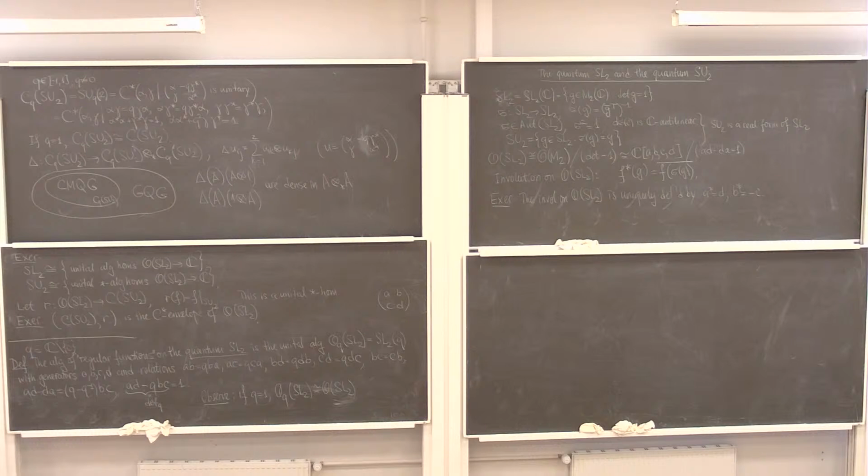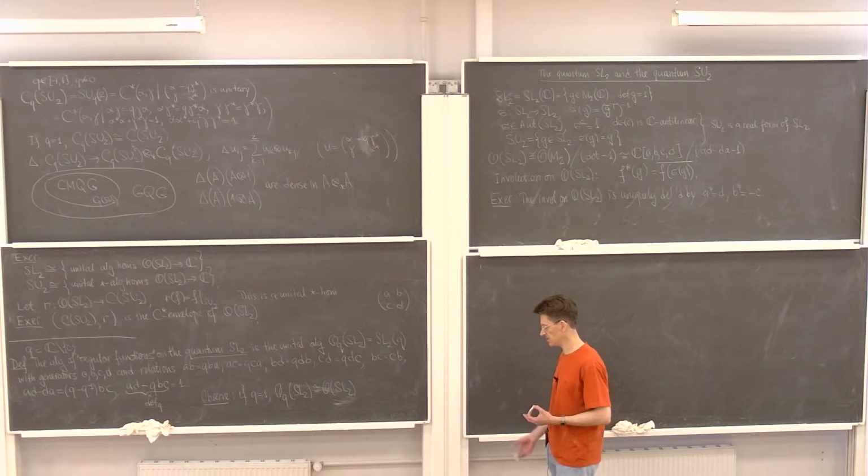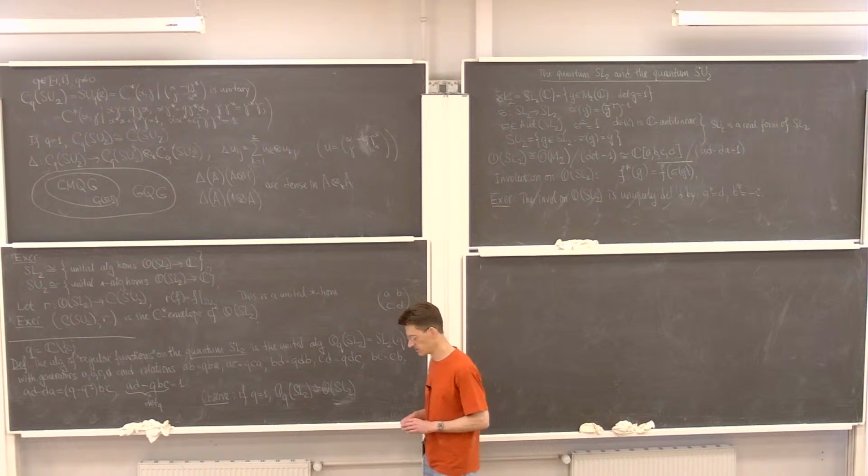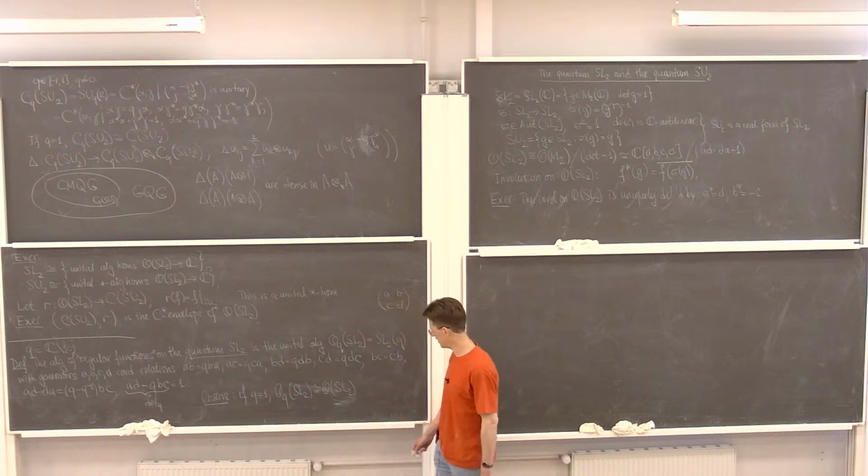And perhaps the most elegant approach to these relations is due to Yuri Manin, who observed that actually these relations don't fall out of the sky, but can be deduced from some very natural requirement. Roughly, the requirement is that quantum groups act on quantum spaces. So if we look at the usual action of SL2 on the 2-dimensional space, just by matrix multiplication, then the dual picture is a co-action of this algebra on the algebra of polynomials in two variables.